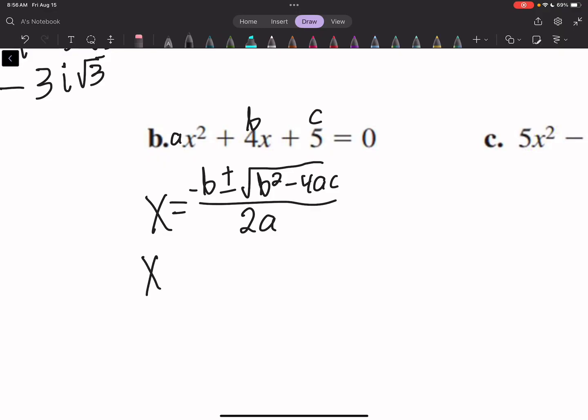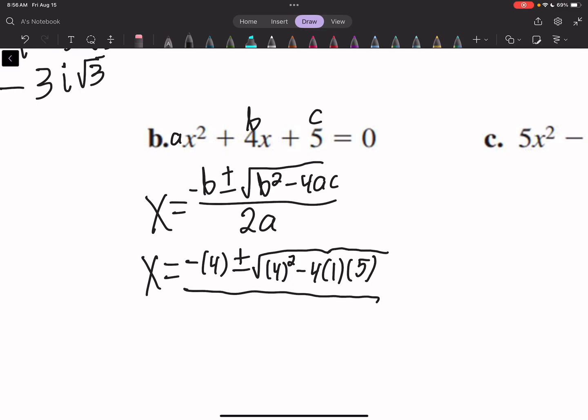If I plug these in, x is equal to negative 4 plus or minus square root of 4 squared minus 4 times 1 times 5, divided by 2 times 1.